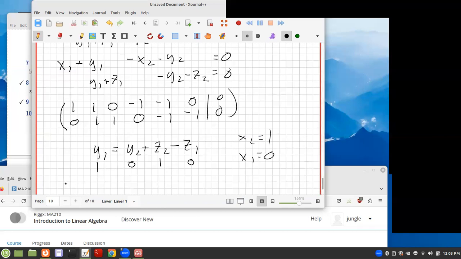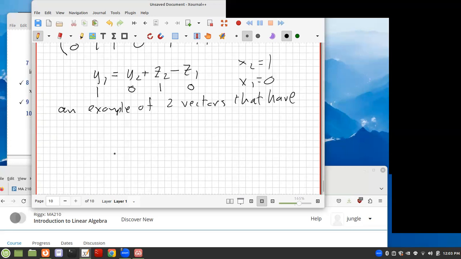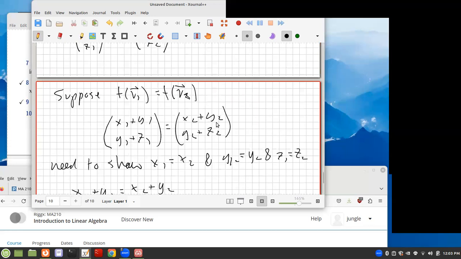This is an example of two different vectors that have the same image.